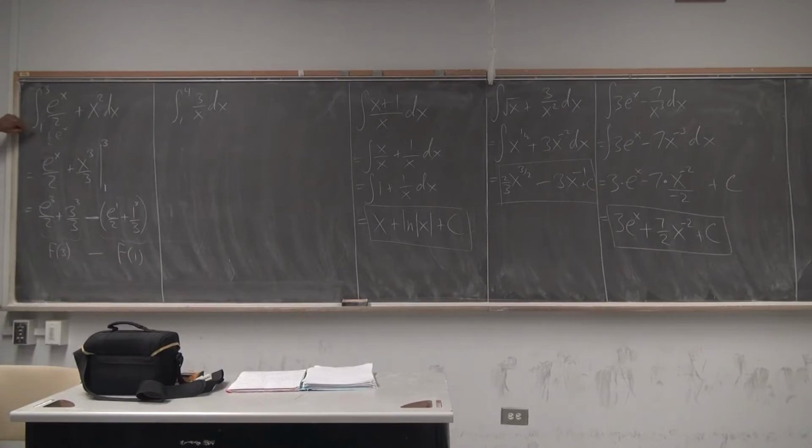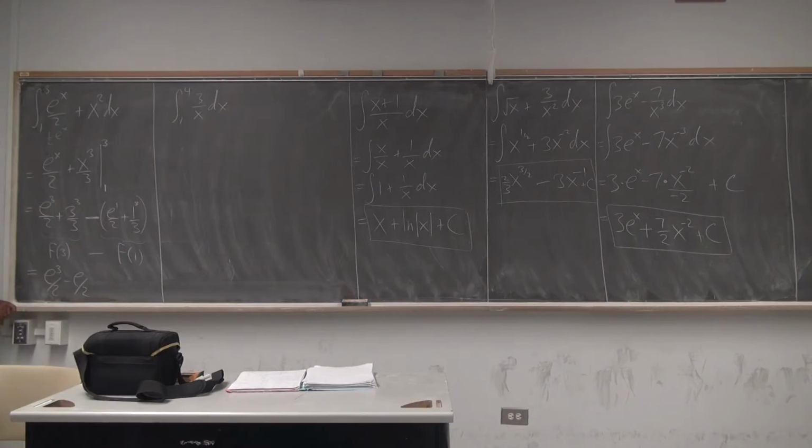Right? So the integral from a to b is big F of b minus big F of a, where big F represents the antiderivative, the function you get after applying one of the basic rules. And so at this point, you can simplify e cubed over 2 minus e over 2. And here you'll have 3 cubed over 3, which is just 9, minus 1 over 3.